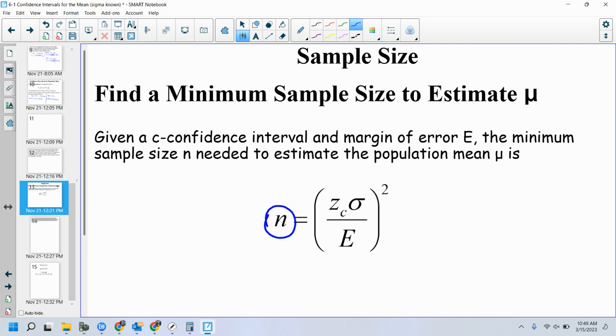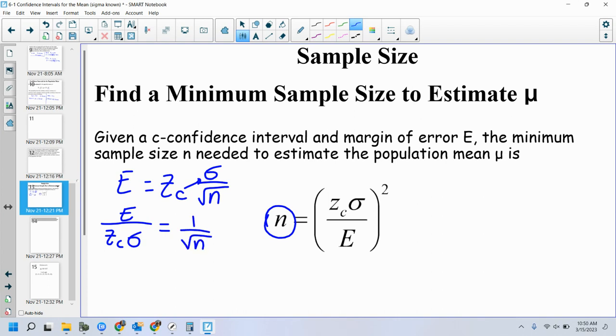Okay. Now, how is this calculated again? Well, my error margin formula, just reading it straight off here, is E equals ZC sigma over square root of n, right? We just used that. So this is just solving for n. I divide by ZC sigma, so E divided by ZC sigma is equal to 1 over the square root of n.